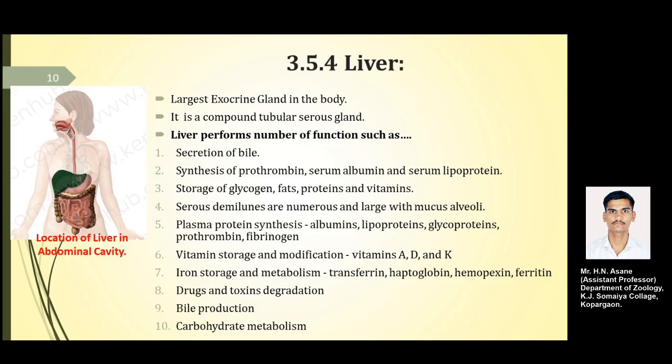It is situated below the diaphragm and above the intestine, as you can see in the picture, which gives you an idea about the location of the liver in the abdominal cavity.